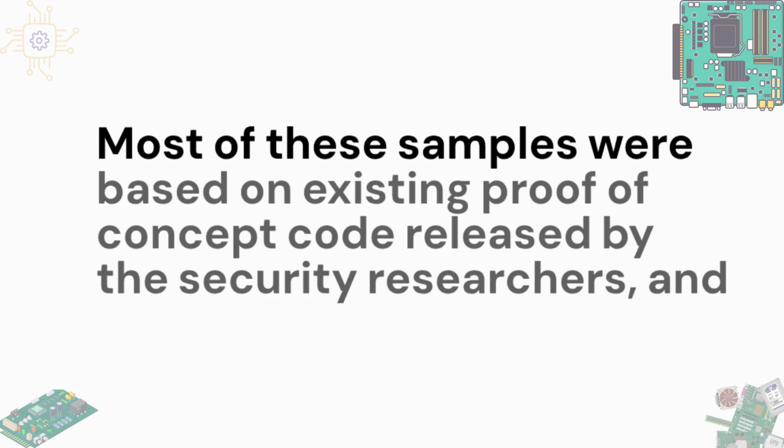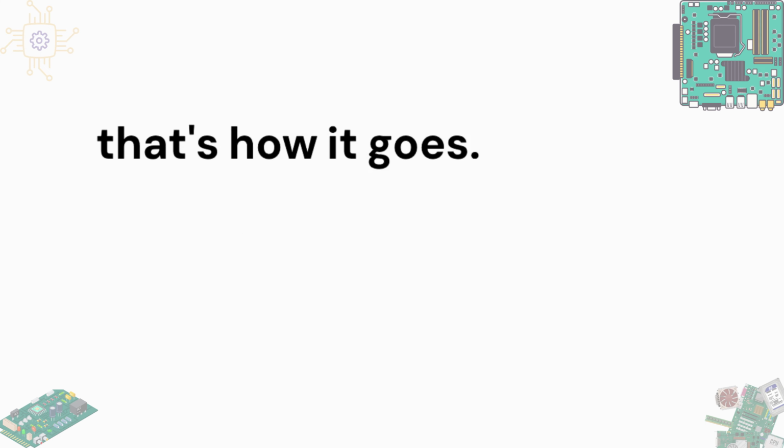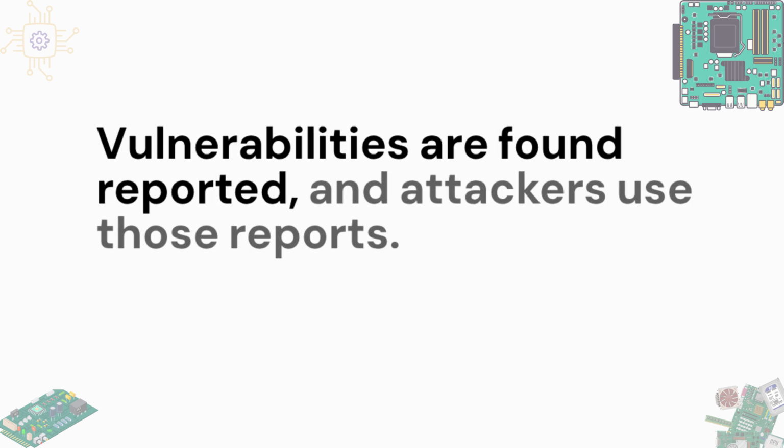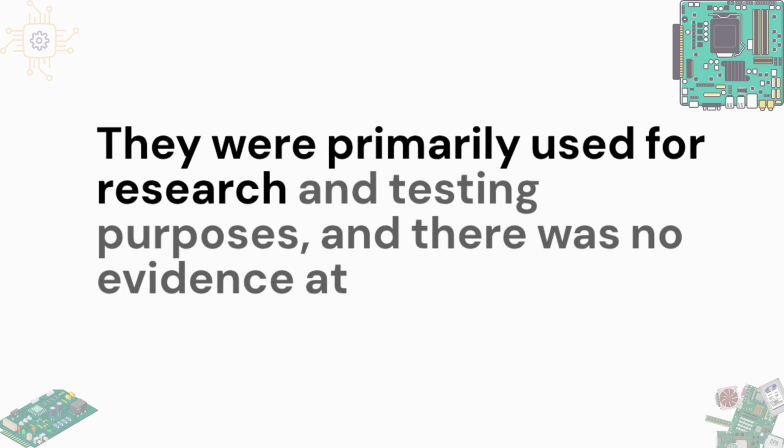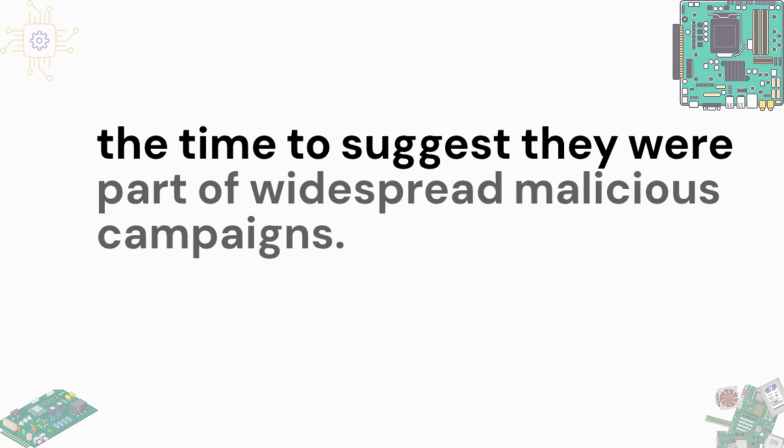Most of these samples were based on existing proof-of-concept code released by the security researchers, and that's how it goes. Vulnerabilities are found, reported, and attackers use those reports. The majority of these samples were recompiled or slightly modified versions of the original POC code. They were primarily used for research and testing purposes, and there was no evidence at the time to suggest they were part of widespread malicious campaigns.